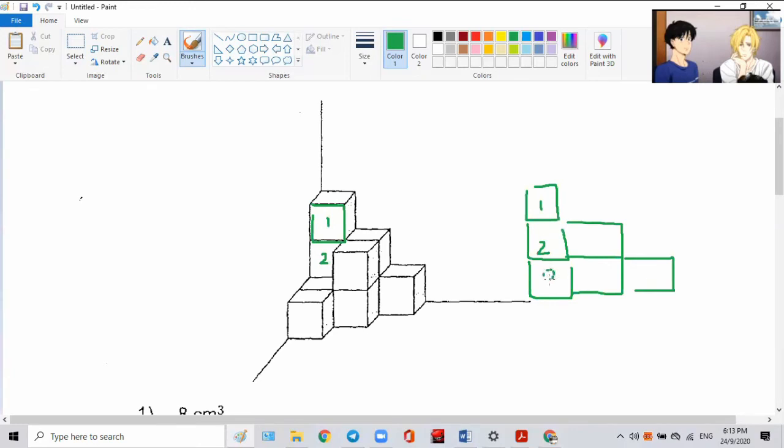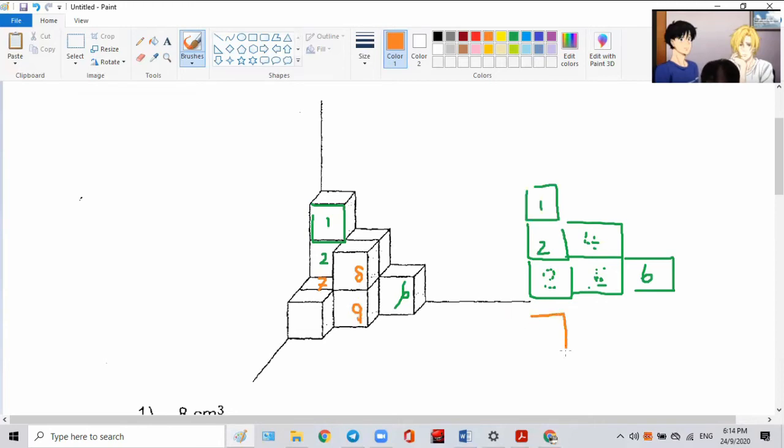The 4 is also hidden. The 5 is hidden. The 6 is shown here. You see? Then how about the second one? The second one is now 7, 8, 9. Can you see?